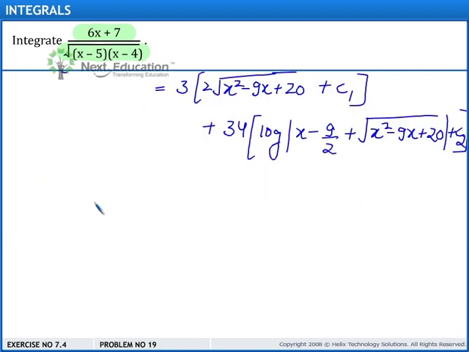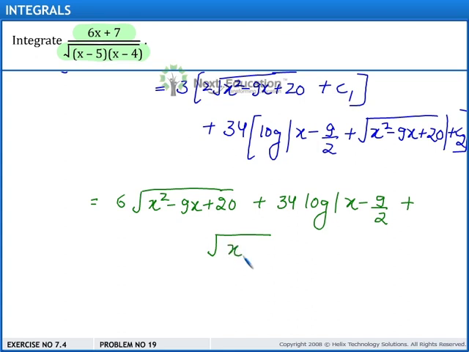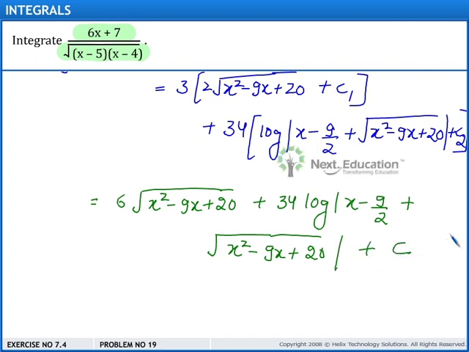This is equal to 6 times the square root of x² − 9x + 20 plus 34 log|x − 9/2 + square root of x² − 9x + 20| plus the constant c, where c is equal to 3c1 + 34c2.